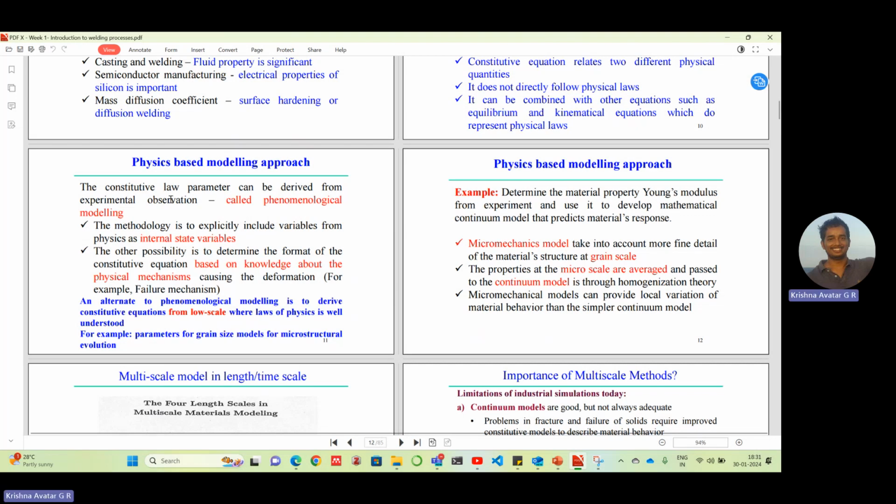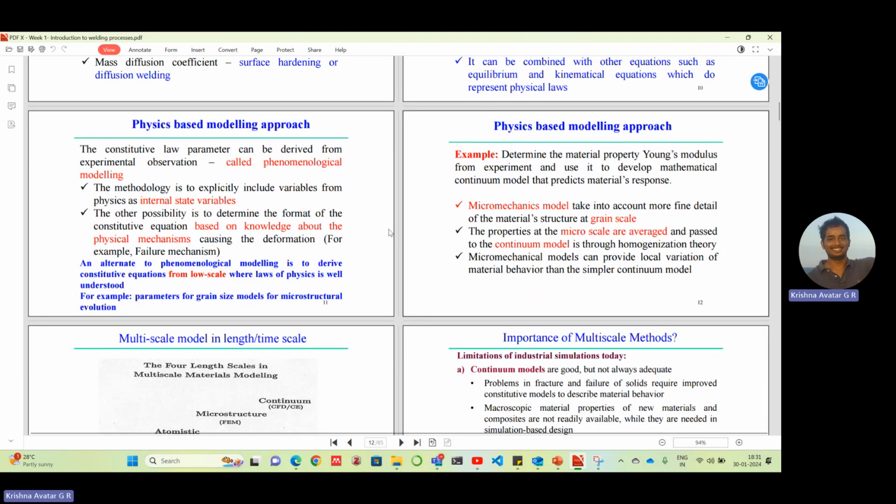So in order to obtain that constitutive relation, there are multiple approaches. One is what we call phenomenological modeling, in which we first carry out a series of experiments on a physical system and then relate quantities, say, if it's a solid mechanics problem, then we'll try to derive a relation between stress and strain based on the experimental data.